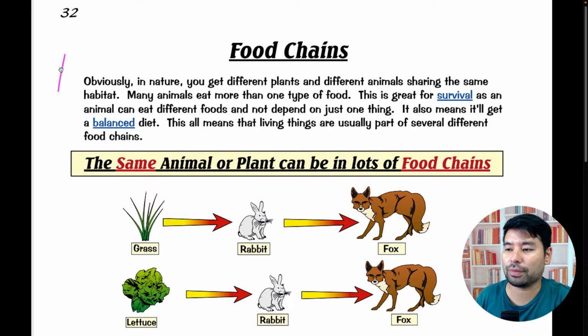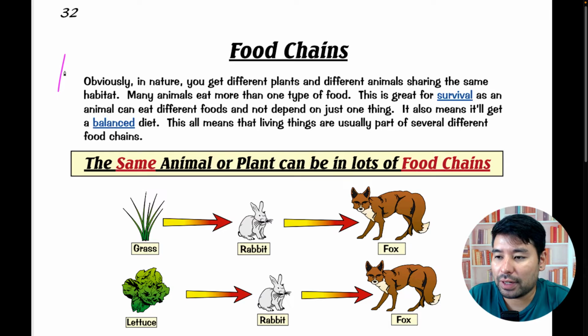Okay, so very good. On food chains, obviously in nature, you get different plants and different animals sharing the same habitat. Many animals eat more than one type of food. This is great for survival, as an animal can eat different foods and not depend on just one thing.